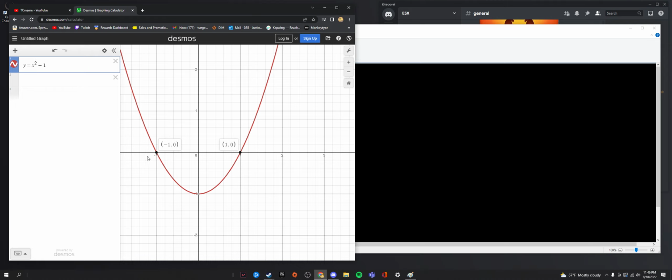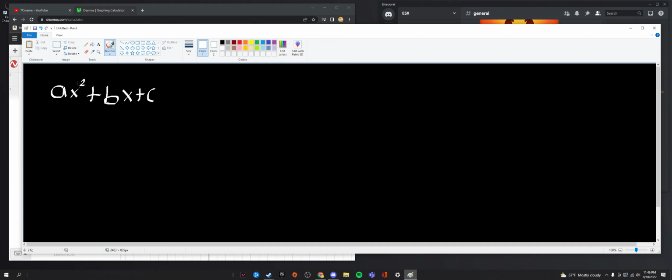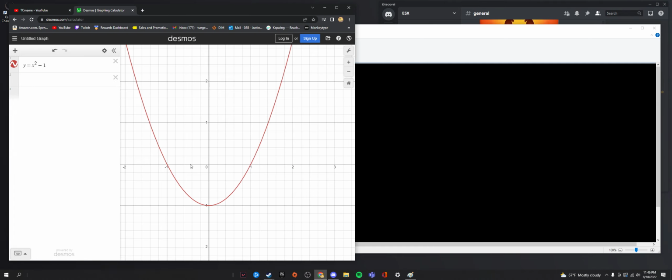So -1 times -1, two negatives multiplied together gets you a positive, so you have 1 minus 1, that's 0. And of course, 1 squared is just 1, minus 1 is 0. So far, this seems to add up with our fundamental theorem of algebra. We have a second degree polynomial, and we have two roots to represent that.